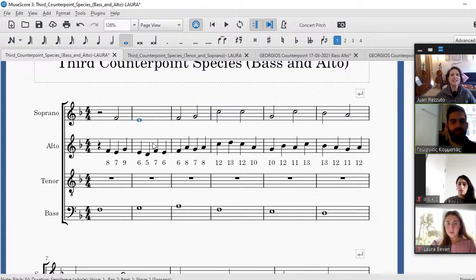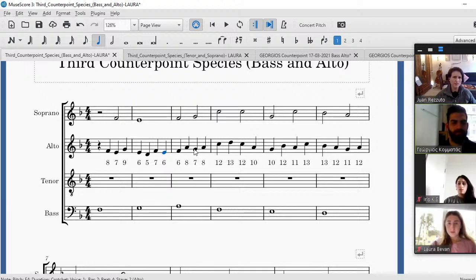yes, it will be a double neighboring. Because you have the consonance, then you have two notes that are neighboring. Then F A on the next bar, not F G on the reduction. Because the G was a dissonance on the third beat.